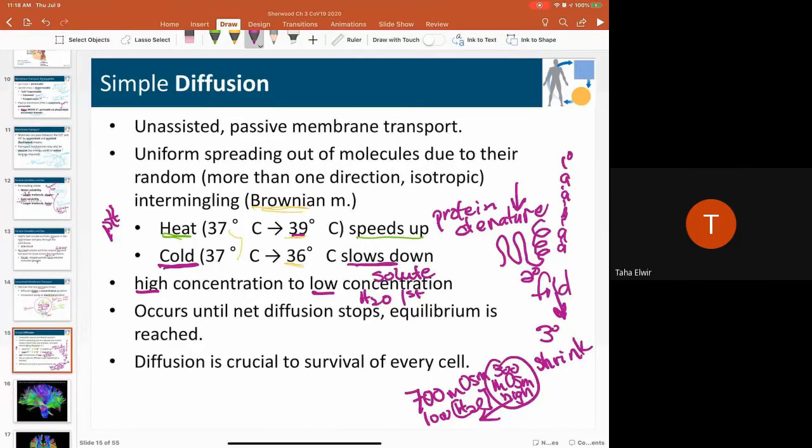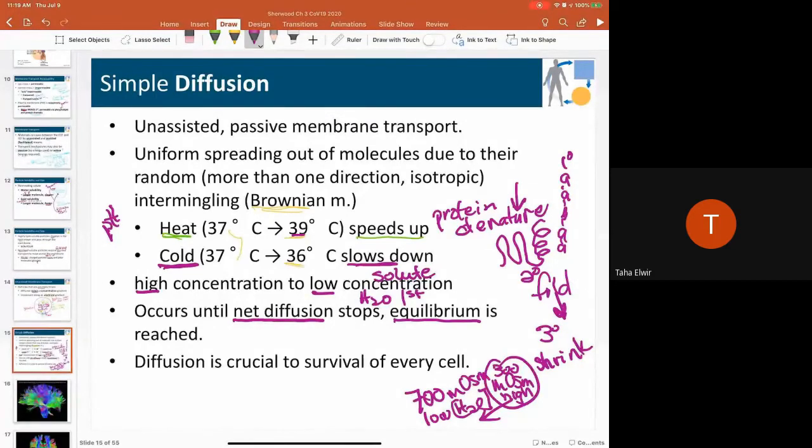So net diffusion will stop if you reach equilibrium. Well, you can do that experiment in a lab. In real life, when you reach equilibrium of ions or equilibrium of proteins or whatever, then you've lost the ability to do work in your body.